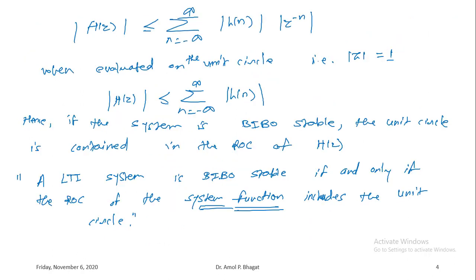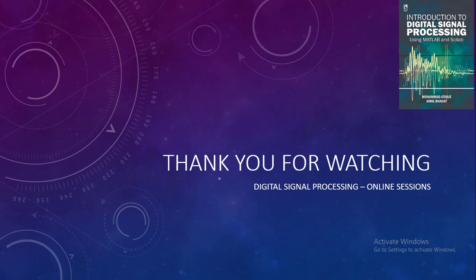In the next session we'll discuss one example where, depending on the stability and causality of the system, we can identify the impulse response of the system using the system function. Thank you for joining this session.